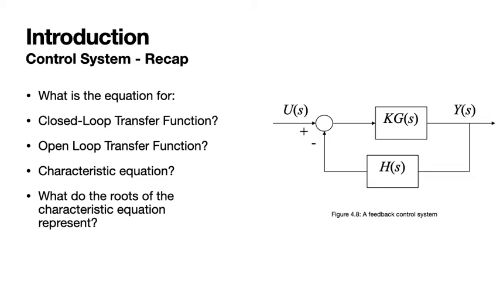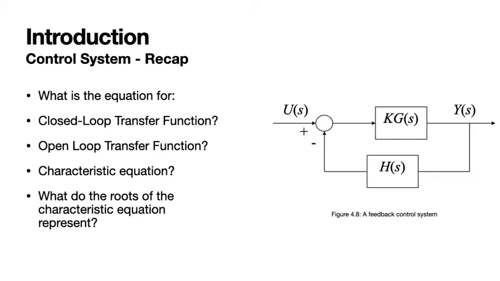Okay, again, if I have a transfer function or a feedback control system as shown in figure 4.8, now what I want you to do, can you give me the equation for the first one? What is the closed loop transfer function of the system? Number two, what is the open loop transfer function of the system? Number three, what is the characteristic equation of the system?